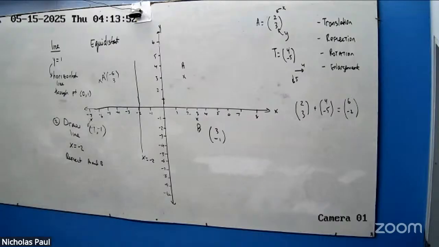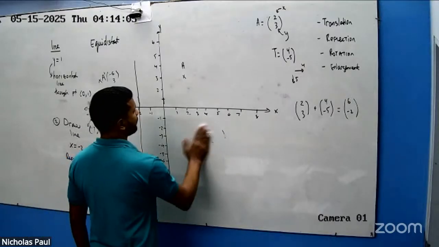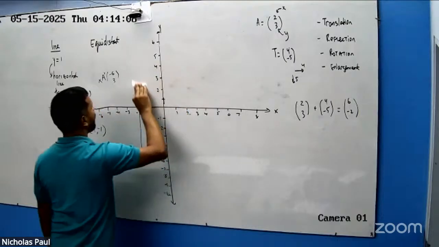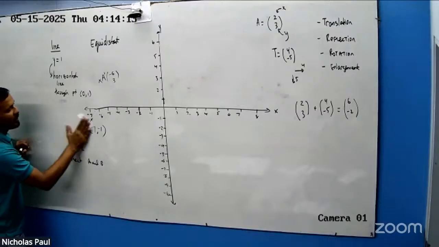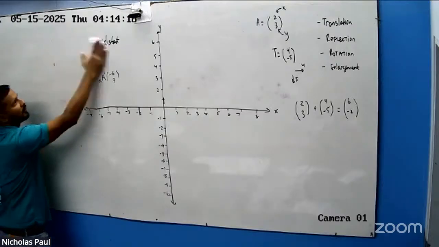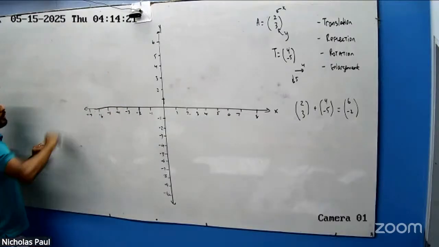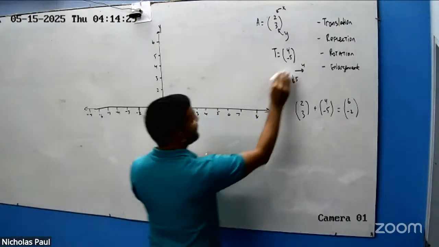For the line y equals x, the x and y values switch position.